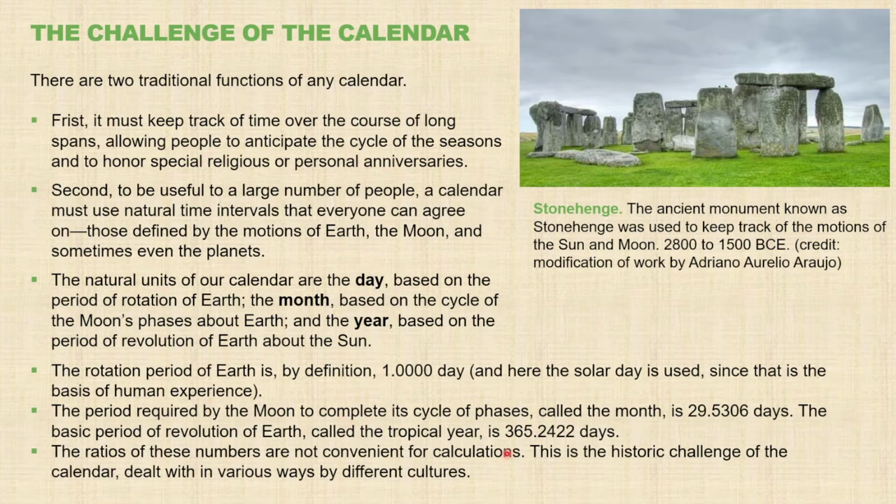And here are some more definitions. The period of the Earth, the solar day, 1 day, is the time it takes for the Earth to rotate. The period required by the moon to complete its cycle of phases from new moon to full moon, back to new moon, and between there are other intermediary phases, takes 29.5306 days.